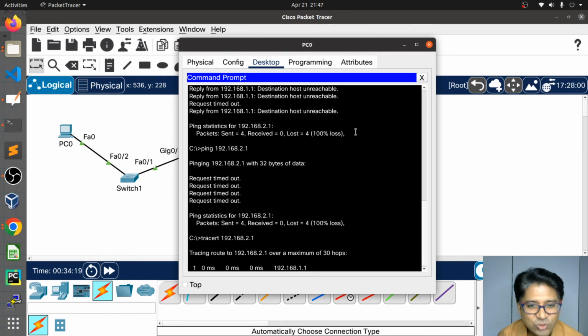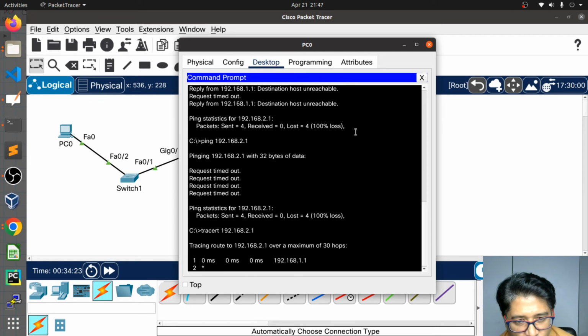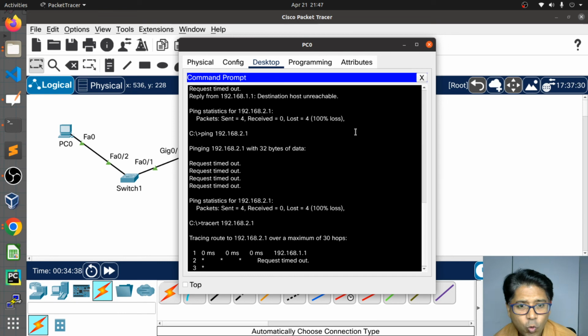Oh, it reached my router 192.168.1.1. There is no issue. And router 1 sends the packet to router 2. The problem is with router 2. Router 2 is telling I don't know this LAN.